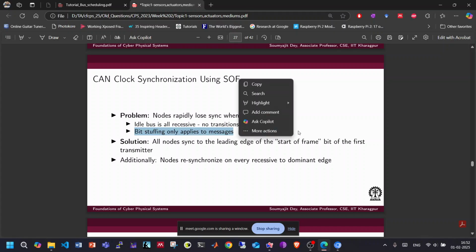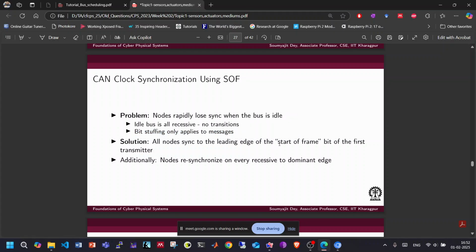this is another important thing. When the bus is idle, you are not doing that bit flip. You are flipping the bit when there are messages, to synchronize and understand if you are transmitting them properly. Make sense? So CAN is designed in such a way that it does not do anything extra.